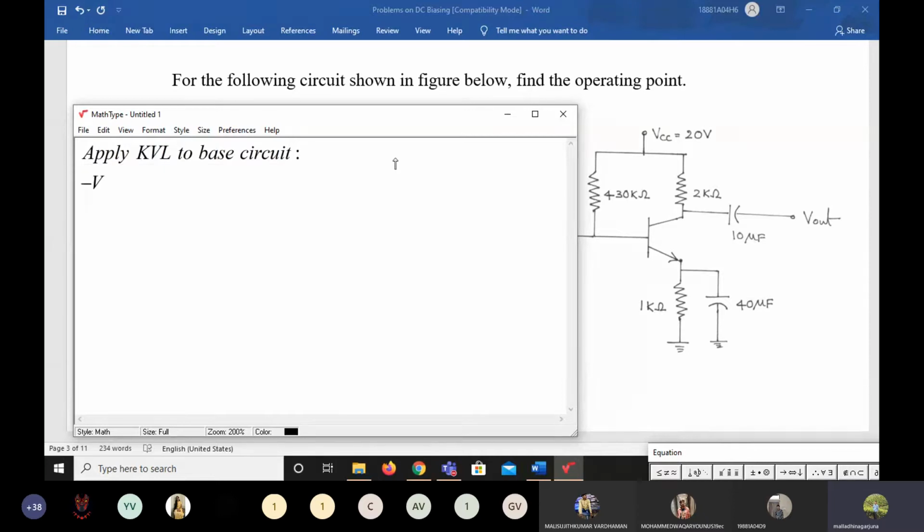Minus VCC plus RB into IB, it is coming through the RB resistor, and next it is going to the base to emitter voltage, that is VBE, plus RE into IE, the emitter current and emitter resistor, that is equal to 0. This is the actual equation we had in the previous problem.